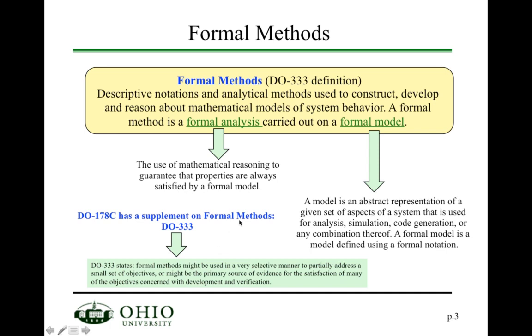So again, D178C has this supplement D0333 on formal methods, and that states that you can use formal methods in a very selective manner to partially address a small set of all the objectives. Remember the objectives from D178C.